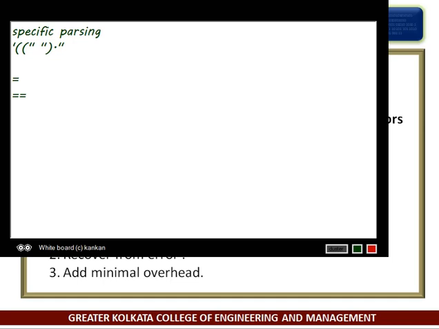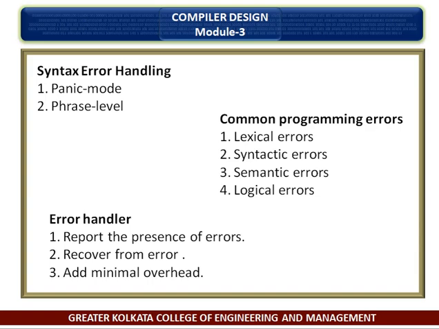The precision of parsing methods allows syntactic errors to be detected very efficiently. More precisely, they have the viable-prefix property, meaning that they detect that an error has occurred as soon as they see a prefix of the input that cannot be completed to form a string in the language.